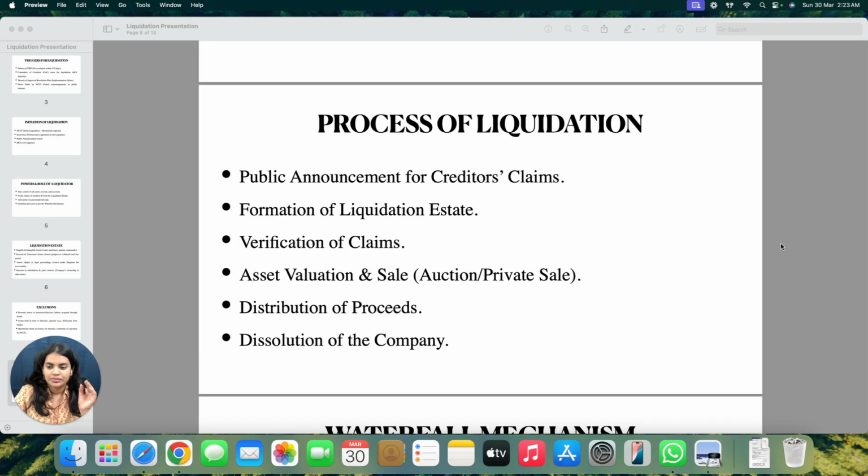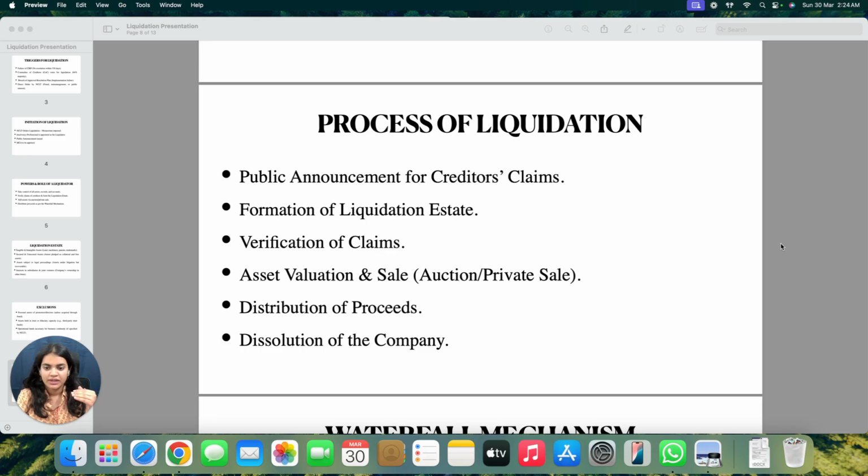So, the liquidator here, as I've mentioned, plays an adjudicating role in the verification of claims. So, it means that he is empowered to call for such evidences for substantiation of the claims.